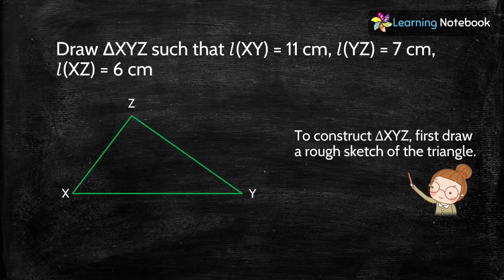Since XY is longest, let's take it as the base of the triangle. So XY equals 11 cm, XZ equals 6 cm and YZ equals 7 cm. So this is our rough sketch. Now let's construct this triangle.